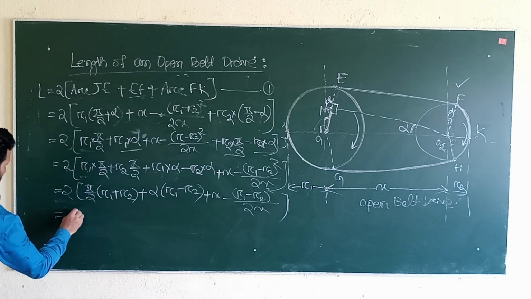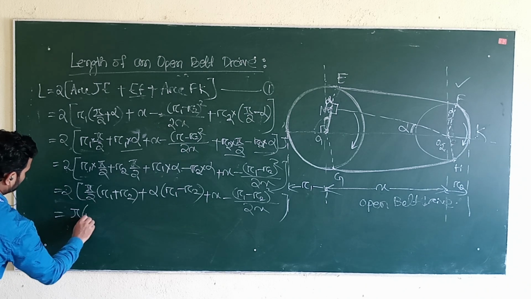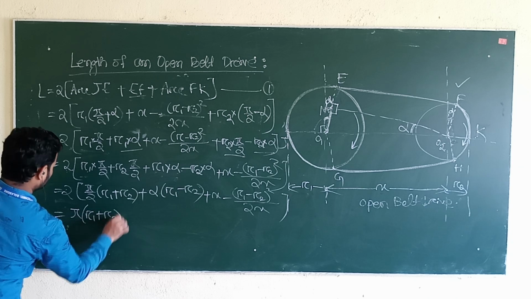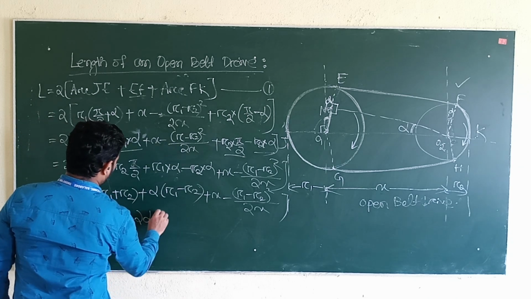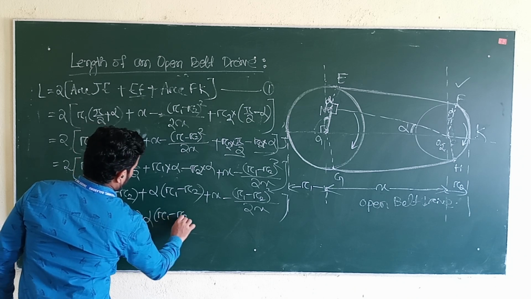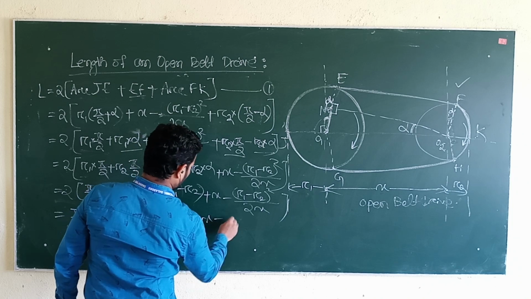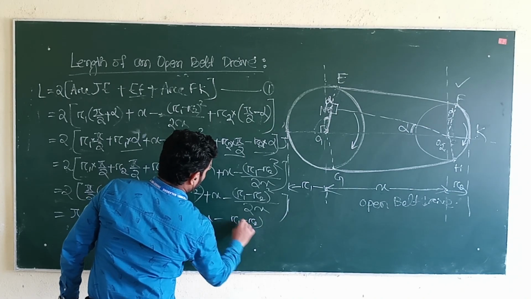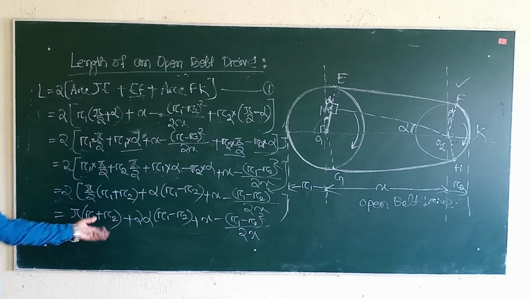These 2 and 2 cancel out. So the remaining part is pi (R1 plus R2). Here 2 into alpha, we will multiply here. So 2 alpha (R1 minus R2) plus x. This will be same, x minus (R1 minus R2) square by 2x.